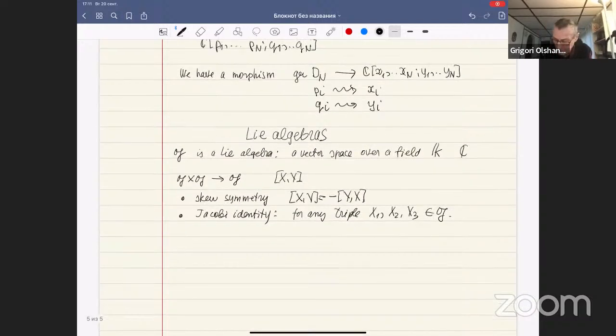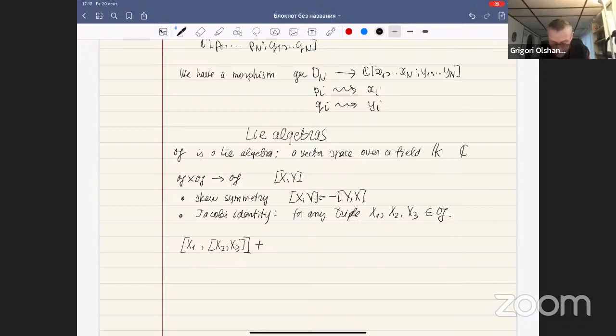We take the double commutator, maybe not commutators. We apply the bracket twice. And then we take the cyclic permutation of the letters in some order.